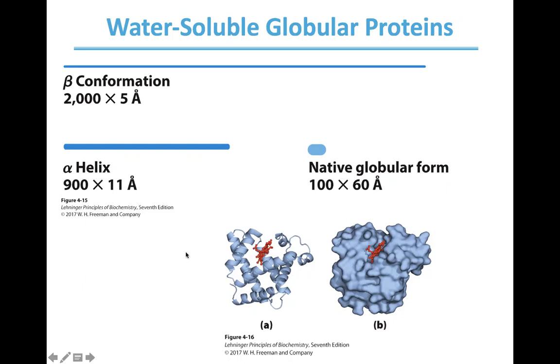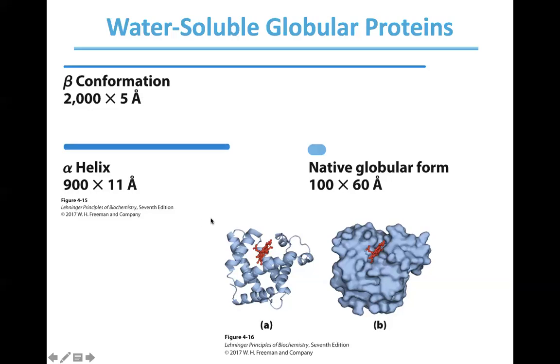You can see here that by putting these three-dimensional structures together into a tertiary structure, if this was all in beta conformation, these would be the dimensions of myoglobin. If this was all alpha helix, these would be the dimensions.